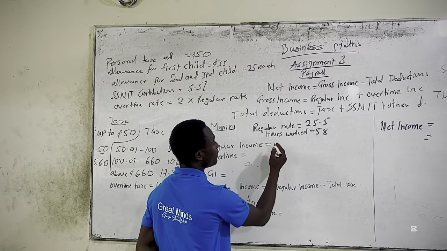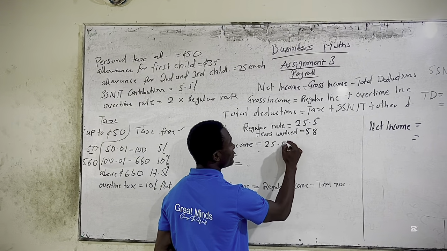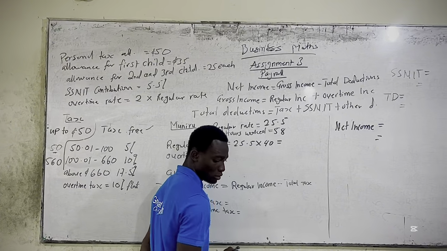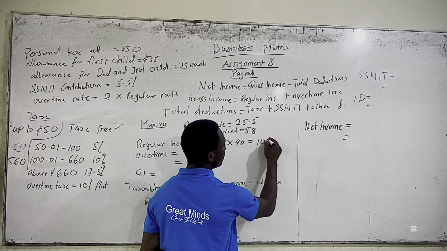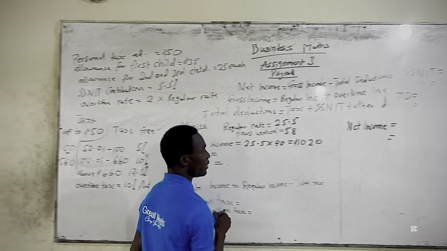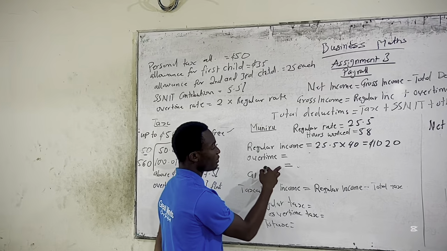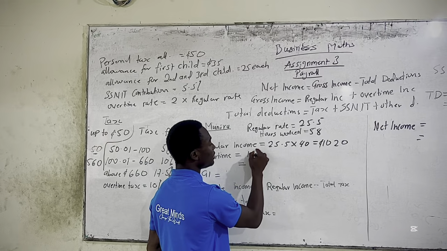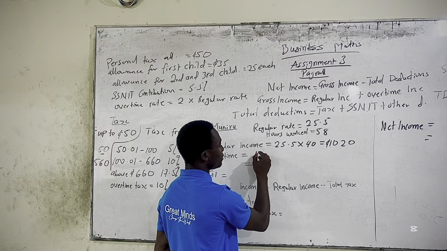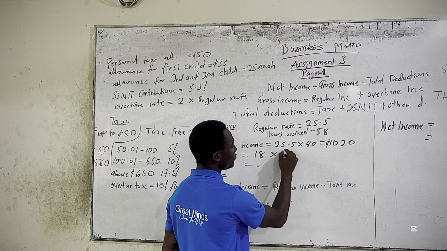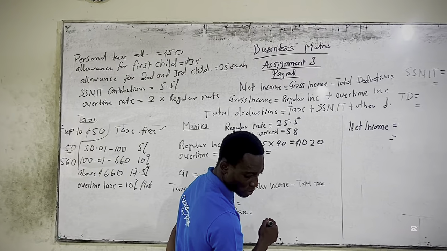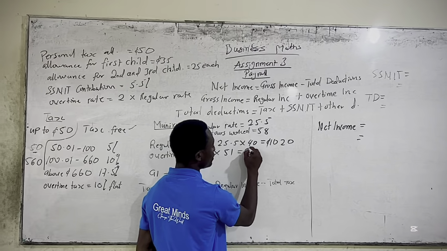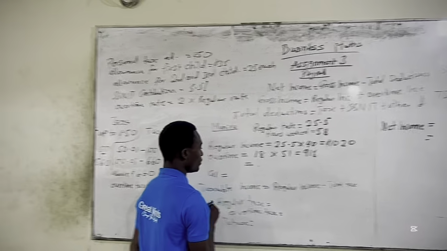So the regular income is 25.5 times 40, and that's going to give you 1,020, right? So what is the overtime? 18 hours times 51, which is going to give you an overtime of 918, right?